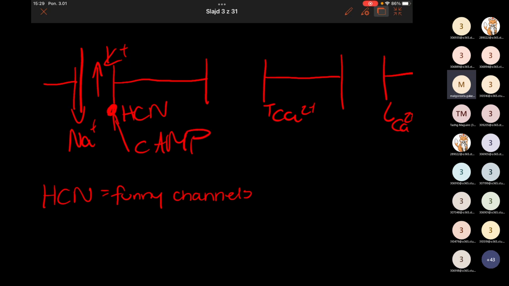The name HCN comes from the factors which activate the channel protein. H stands for hyperpolarization, so negative membrane potential.